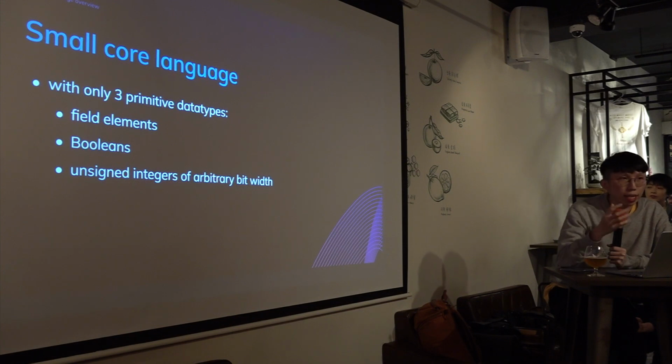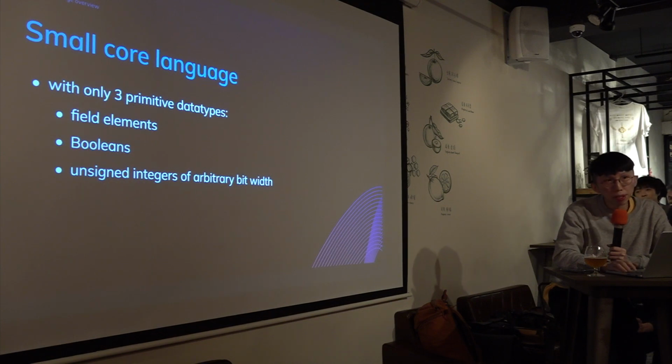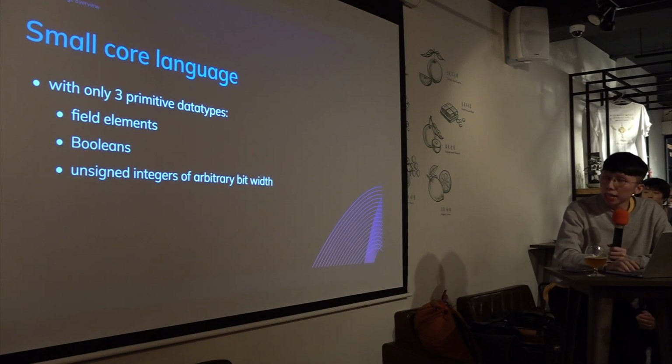So the most primitive data type is a field element. And we also have booleans, but they're basically just field elements in disguise. And all of these booleans come with a constraint that says this field element is either 0 or 1.